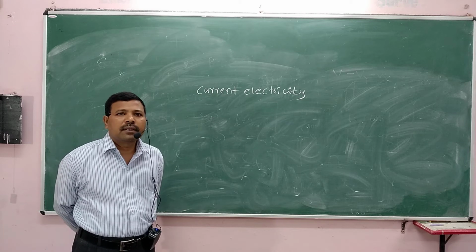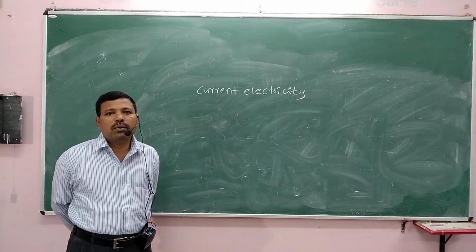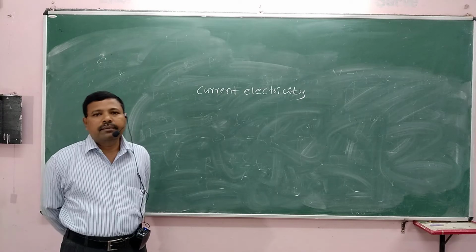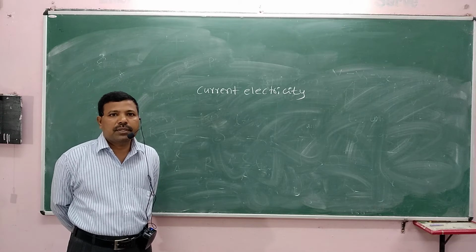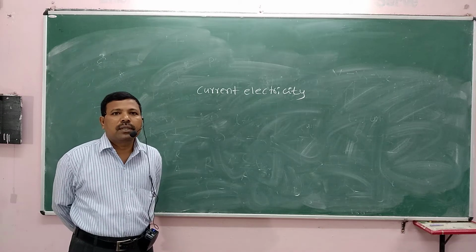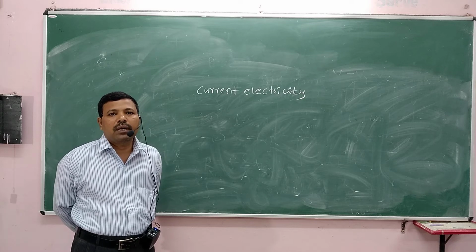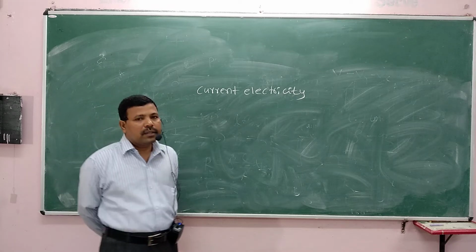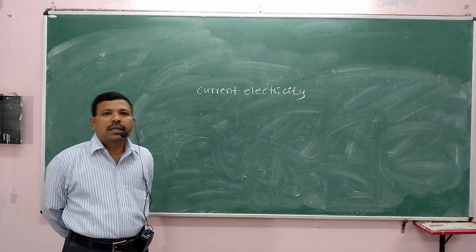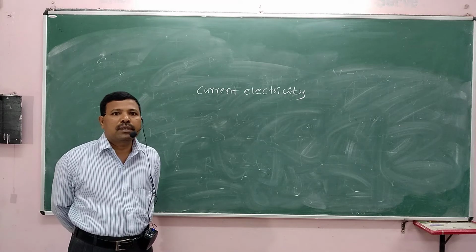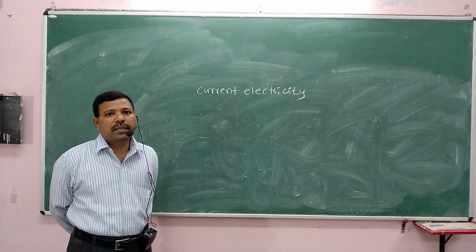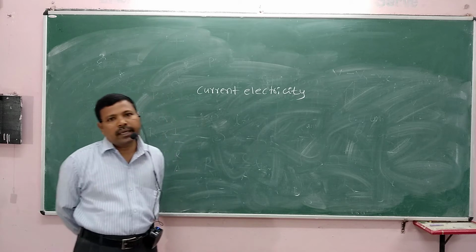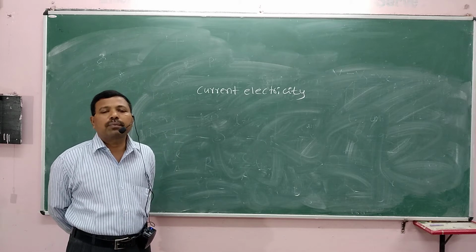In this chapter, we will be discussing the meaning of electric current and then resistance, resistivity, the factors on which the resistance of a conductor depends, the factors on which resistivity of a conductor depends, and the expression for resistivity, the relation between resistivity, relaxation time, number density, mass of the electron, and the relation between current and drift velocity, and so on and so forth.